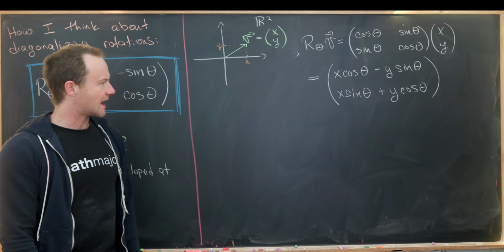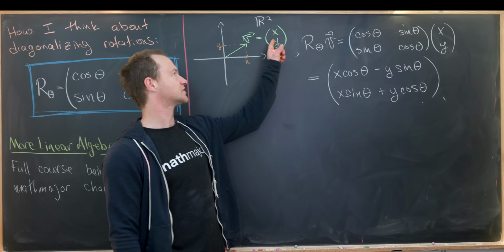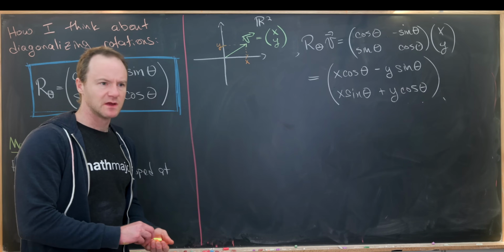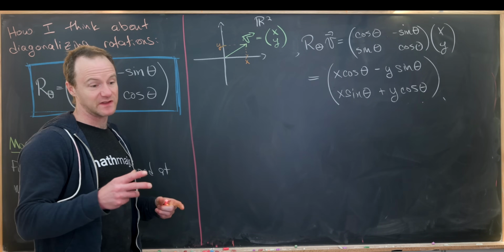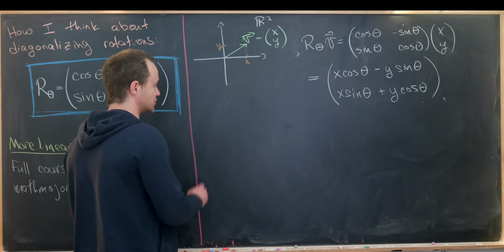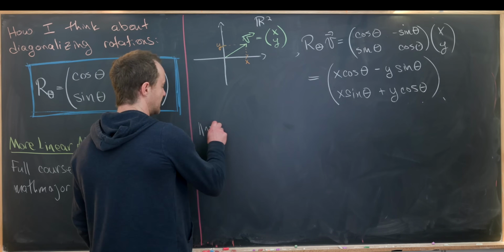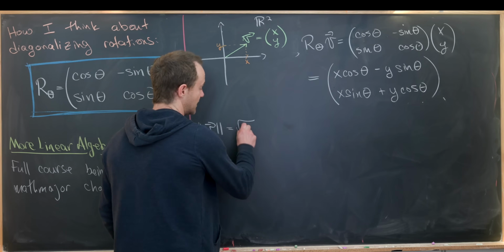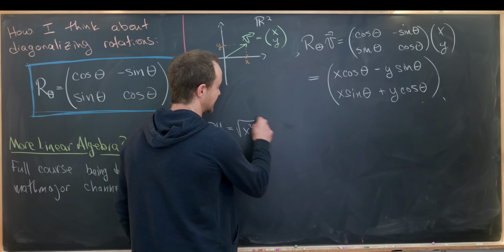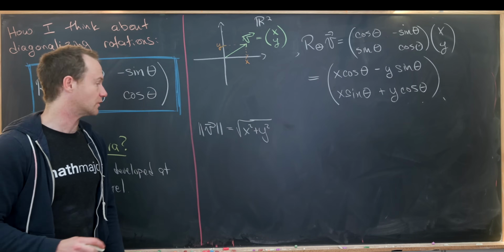Now we'd like to compare this final vector with this starting vector. Maybe let's start by measuring their norm to see if the length of each vector has changed. So let's calculate the norm of v, which will be the square root of x squared plus y squared, just by the definition of the norm.